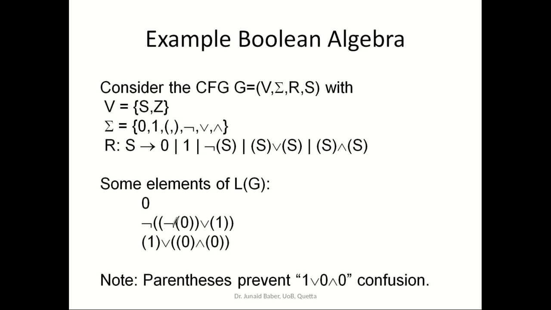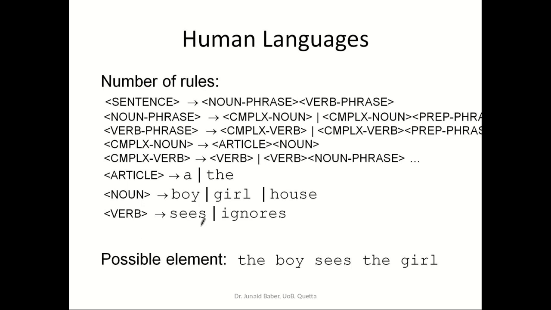Also information retrieval, where we define a query. Google accepts very complex queries, and whether the query is proper, and all the operators are balanced or not, we can check using CFGs. And XMLs are also parsed using context-free grammars.